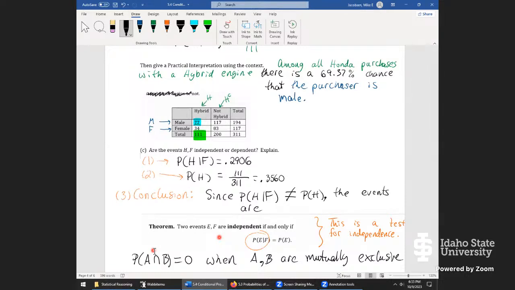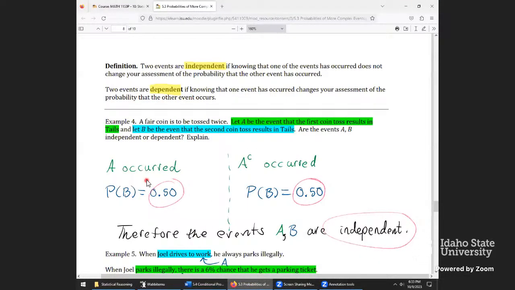Gotcha. What's happening on this one is, we want to use a formula here, but let's go back once more in 5.3 to just get a feel for this. In 5.3, if the probabilities came out exactly the same, whether H occurred or didn't occur, we would have said, yeah, we have independent events because the probability of B wasn't influenced by A at all. It was always the same.